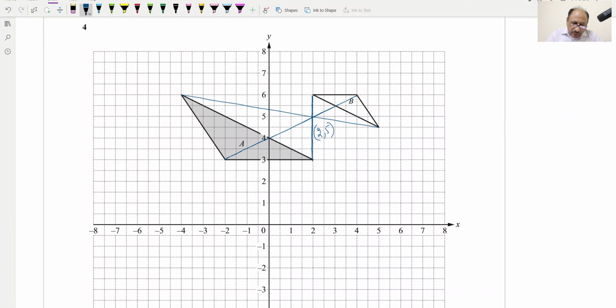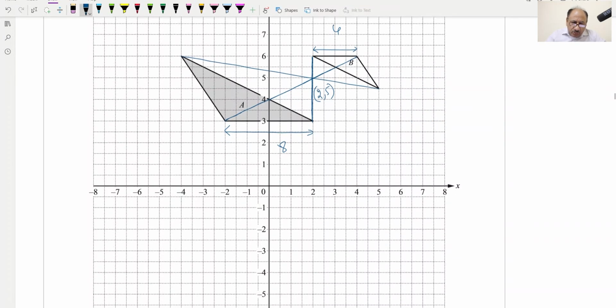And we can write this is enlargement, and for the scale factor, if you check this length, this is 1 2 3 4 units, and this is 1 2 3 4 5 6 7 8 units. So 8 is changing to 4, so 8 will be divided by 4, so half. So 1 by 2 will be the factor, and because this is on the other side of the center, it will be minus 1 by 2. So scale factor will be minus 1 by 2, and center of enlargement will be 2 and 5.